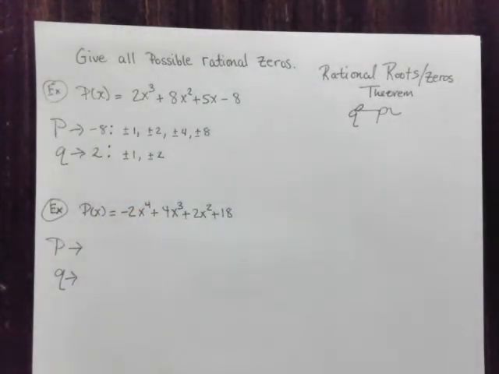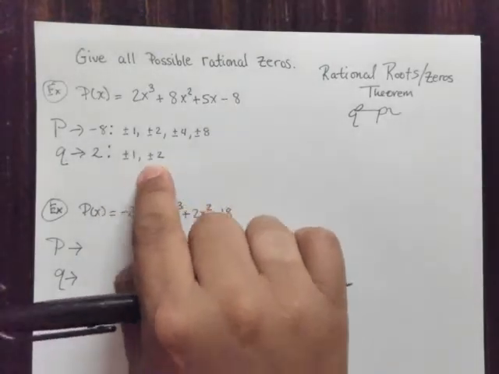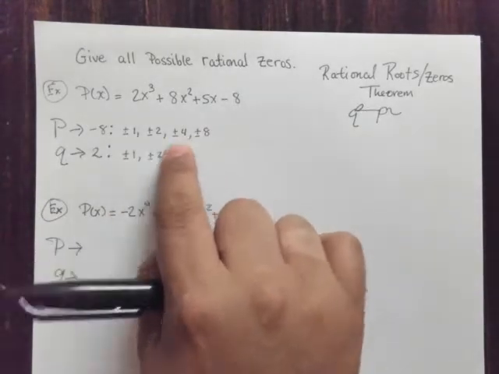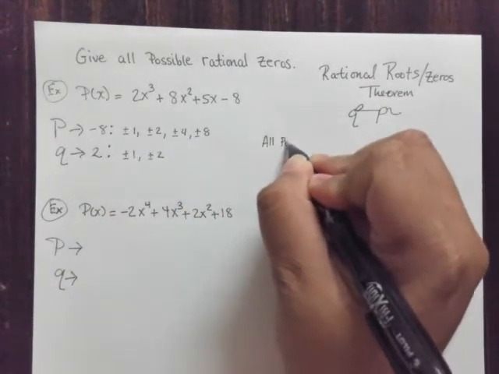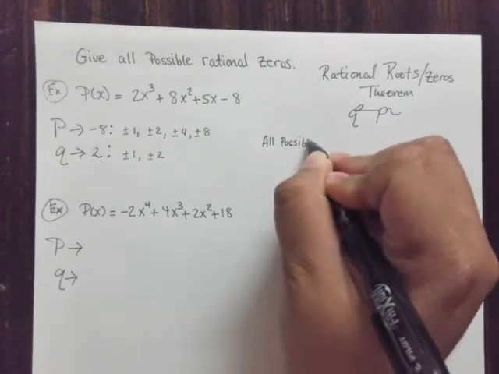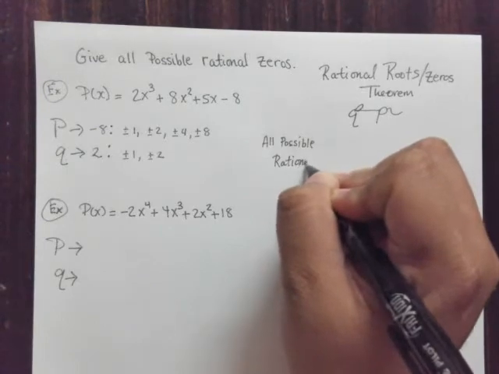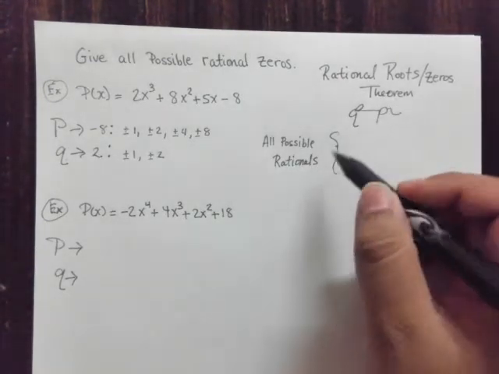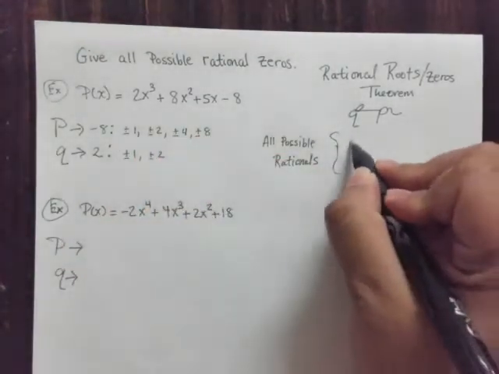Now we're going to take all the p's and divide them all by q's. The first case is that we take all of these p's and divide them by 1. Let me put all possible rationals, implying that I mean zeros. We take all of these and divide them by 1, but that's going to give us those numbers exactly.